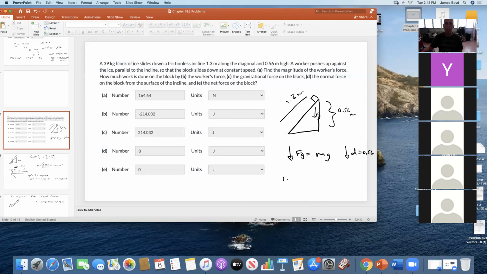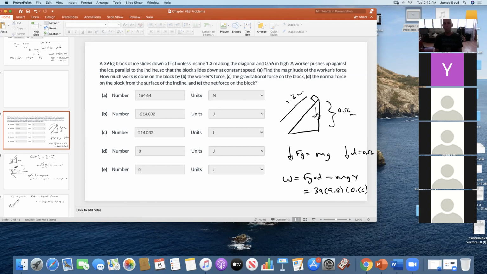So the work done by gravity is Fg dot D, but they're in the same direction. So this is mg times y. That is 39 times 9.8 times 0.56. And it brings up a really good point, but let me make sure that I get the right answer before I move on. What do I have? Oh, 0.56. Yeah, I get 214 down.